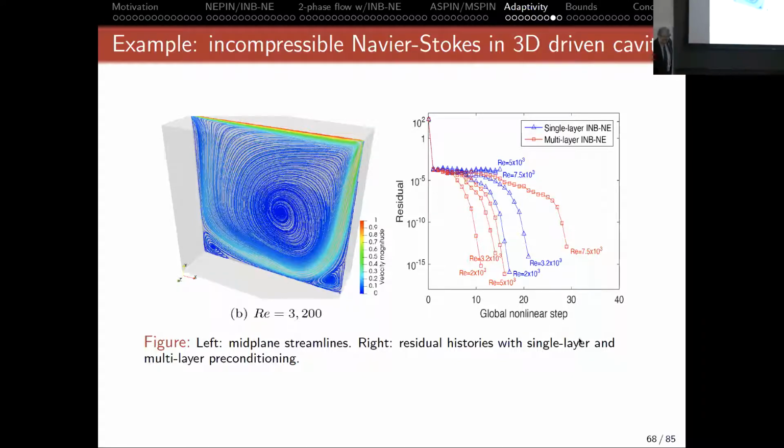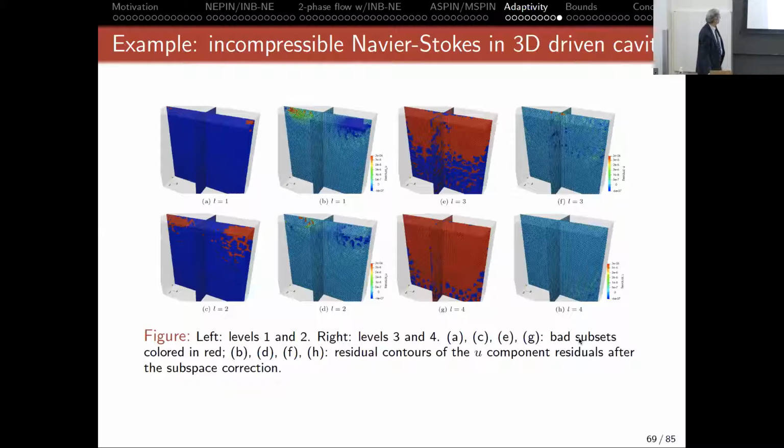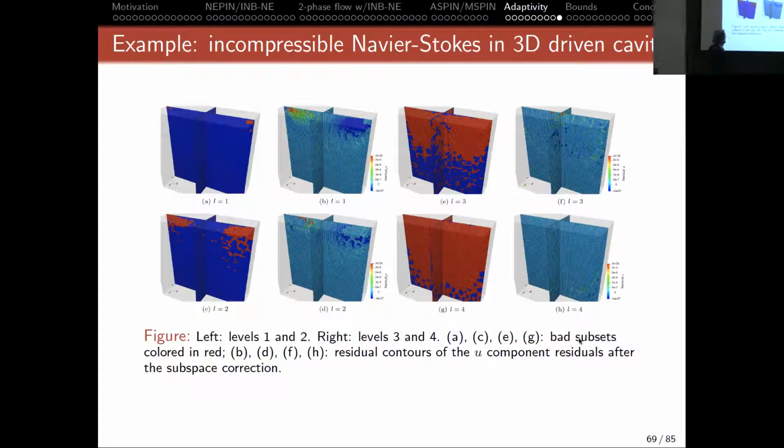So there's another sort of analogy to cascadic multigrid that helps here. And there are some pictures of the bad subsets colored in red in this pair of pictures, and then the actual residual contours after the subspace correction, the ones that are fed into Newton. And they're on a comparable scale.